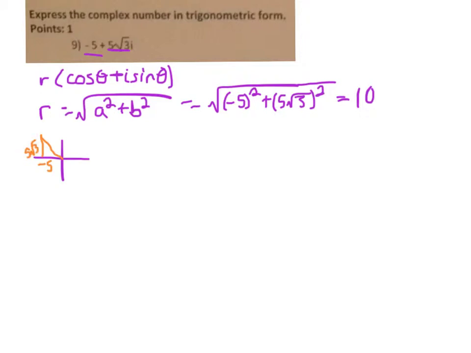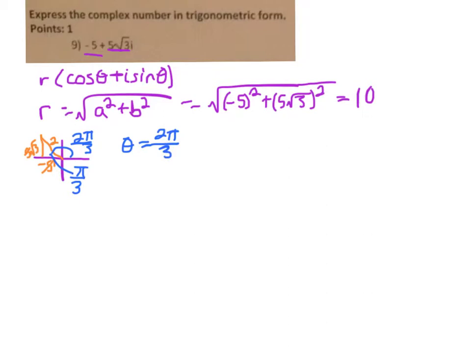This is really a special right triangle where if we divide both of these by 5, then we'd have -1 and square root of 3, which means this side is 2, which means that the angle inside is the angle across from square root of 3, which would be pi over 3, because it'd be like 60 degrees. But we want the angle to get around to that, which means that we want 2 pi over 3. So theta is 2 pi over 3.